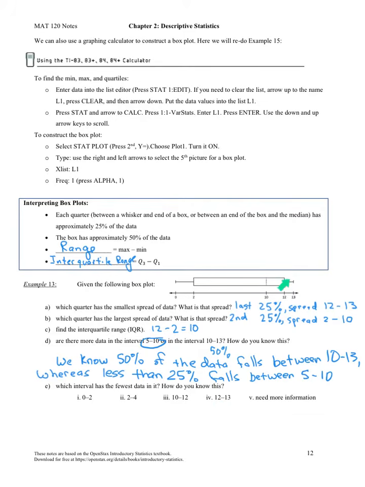That has 25% of our data. Now, 2 and 4, we may not know the exact amount of data that falls between those two locations, but we know it's way less than 25%. So that means 2 to 4 has the fewest pieces of data in it.